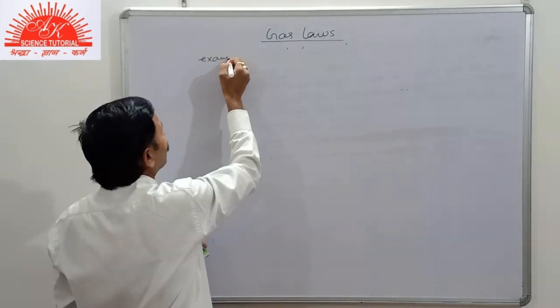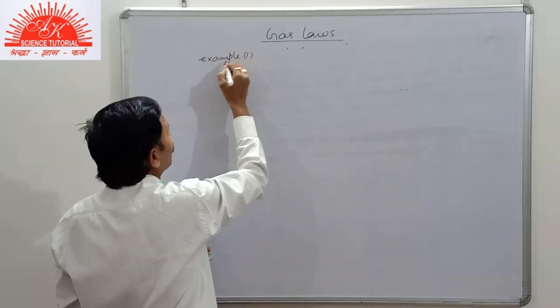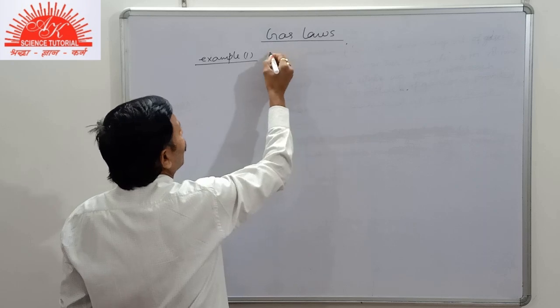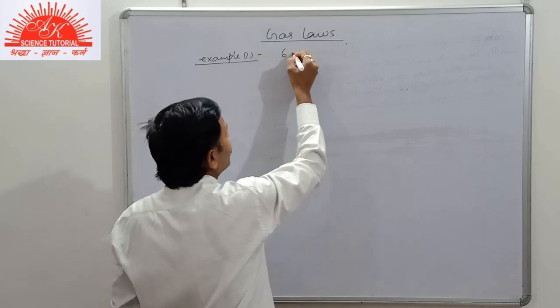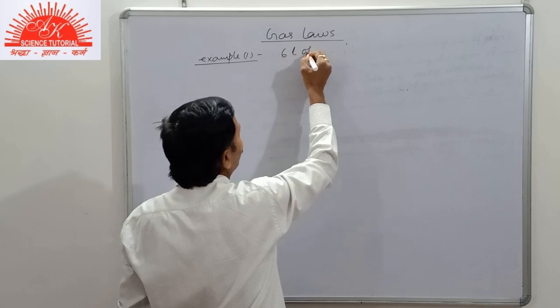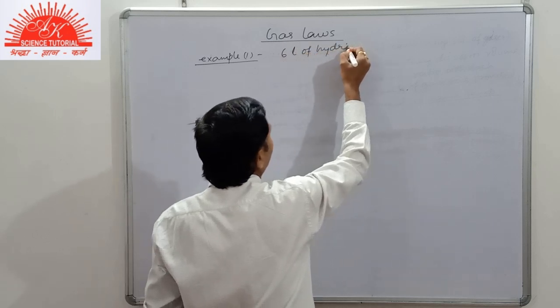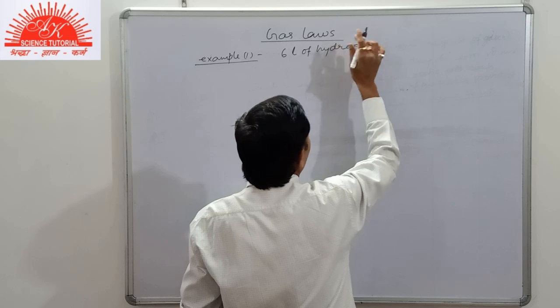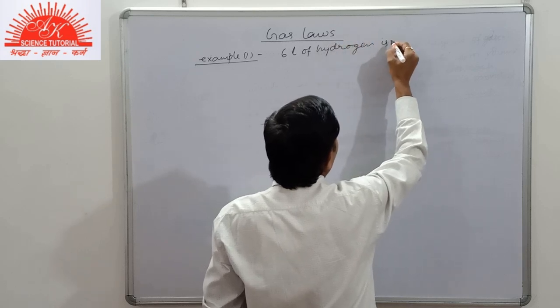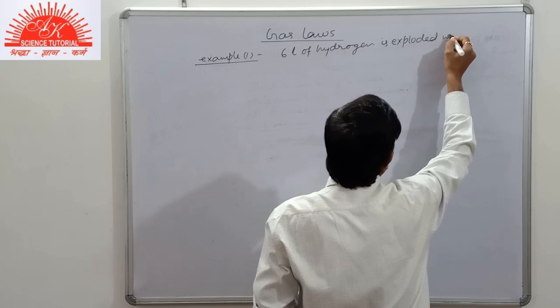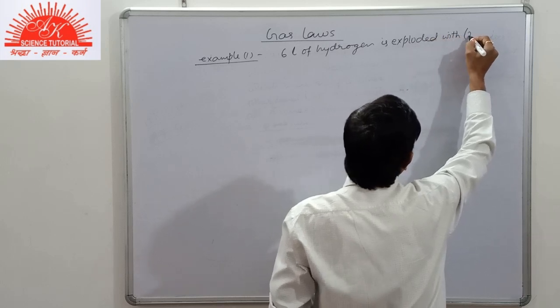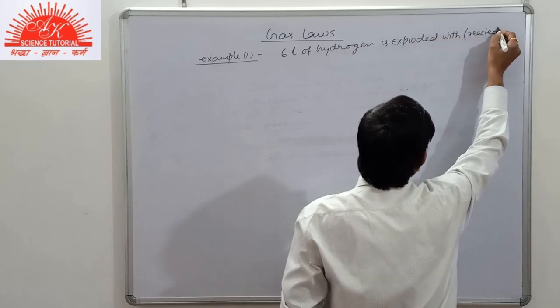Example, numerical number 1. It is given that 6 liters of hydrogen is exploded with, exploded means reacted with.